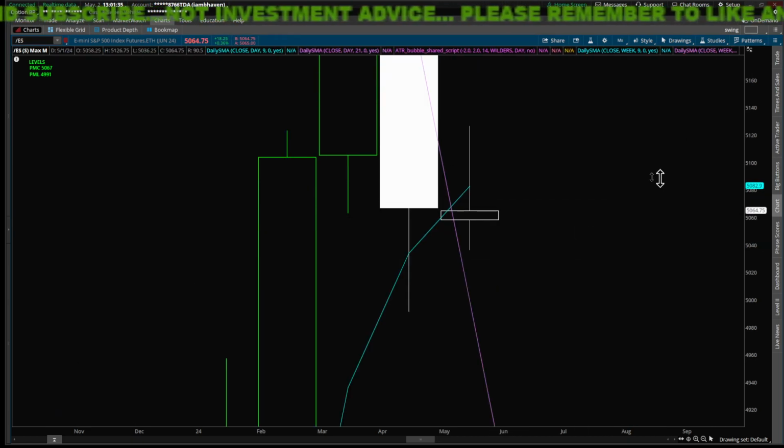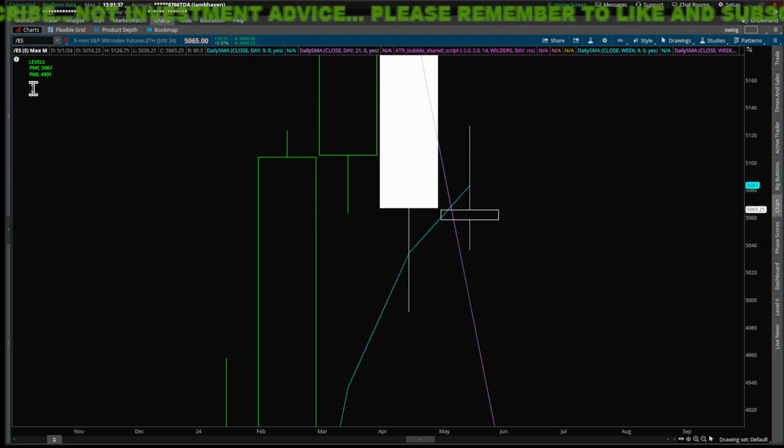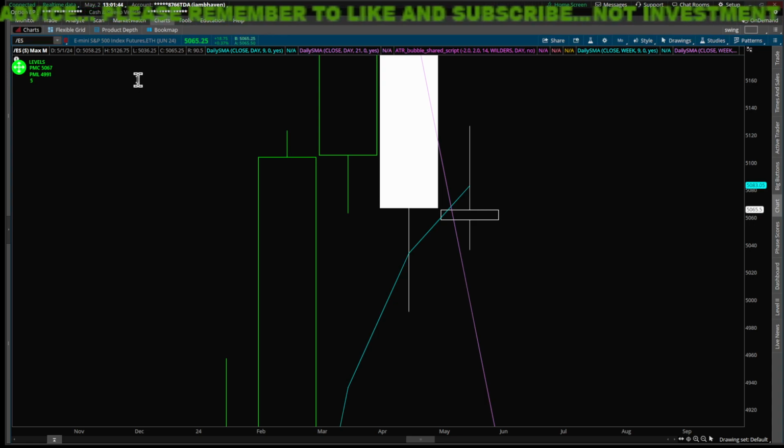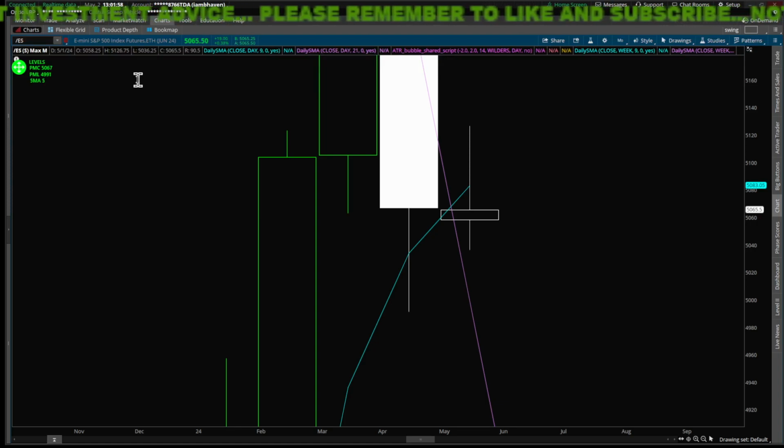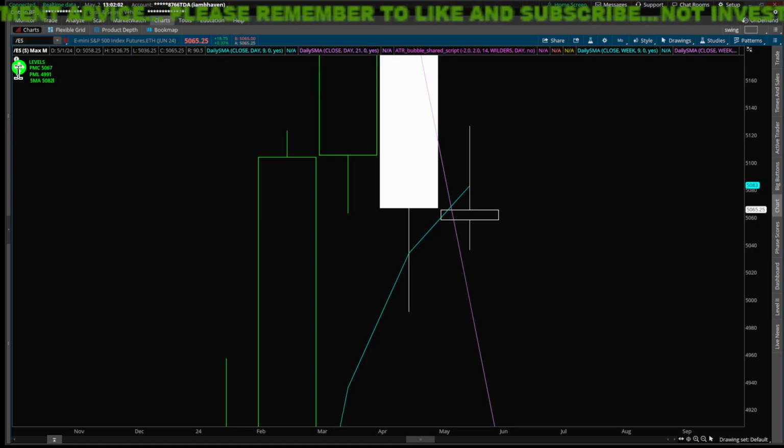So we've got 50.82 as that 5 MA, 5 monthly moving average. So the 5 monthly average, the 5 MA, we'll call it, sitting at 50.82. Okay, so there's our levels for our monthly time frame.